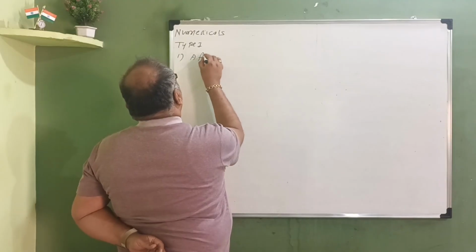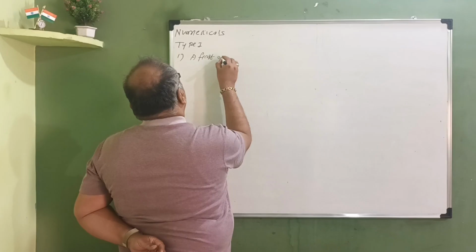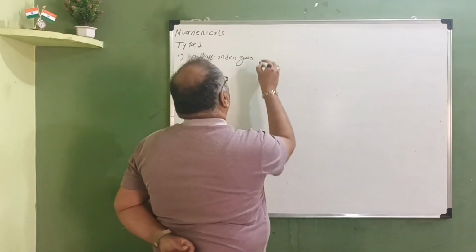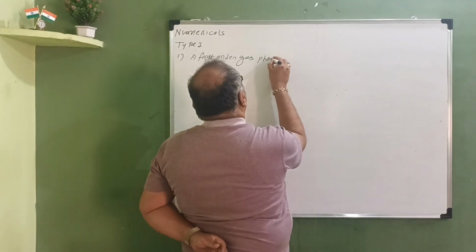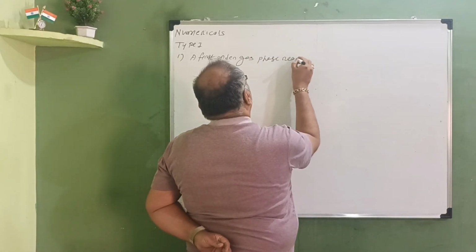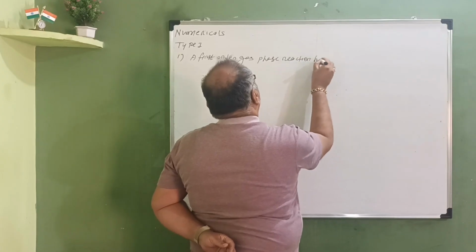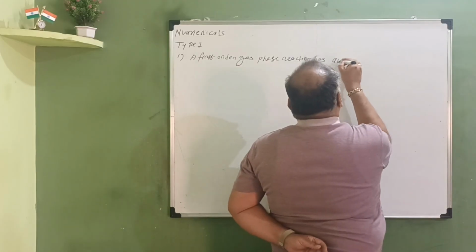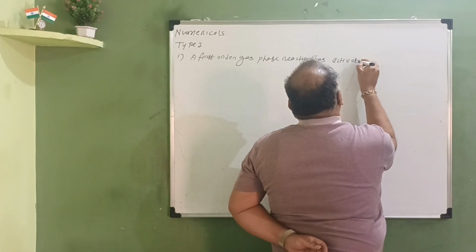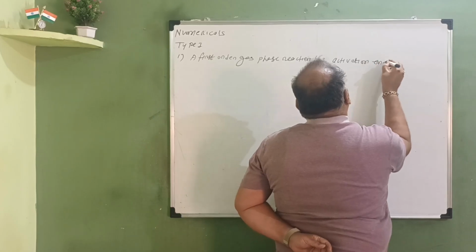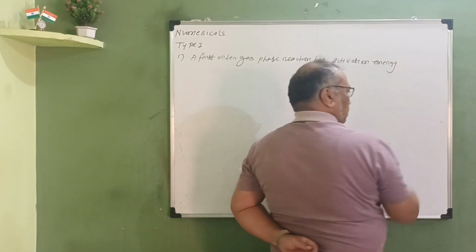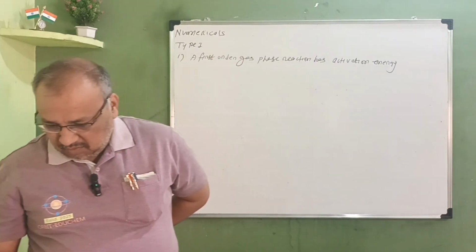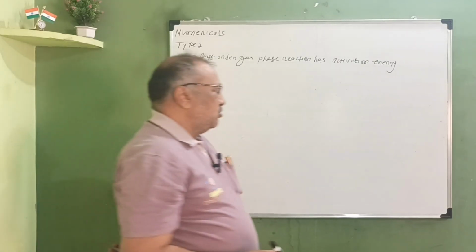A first order gas phase reaction has activation energy of 240 kilojoule per mole.